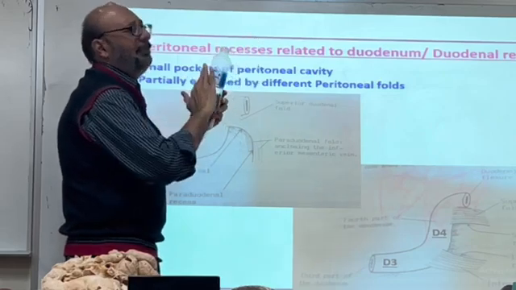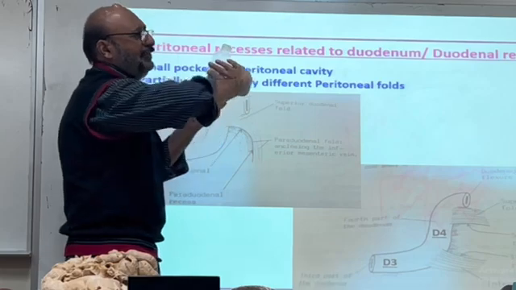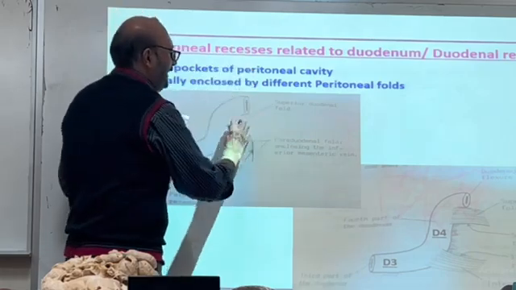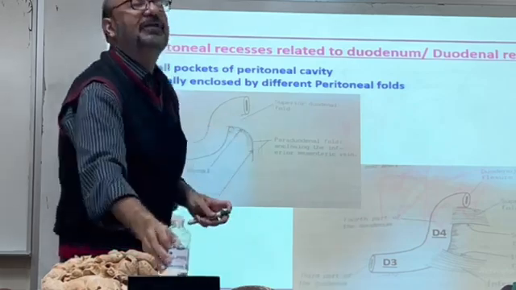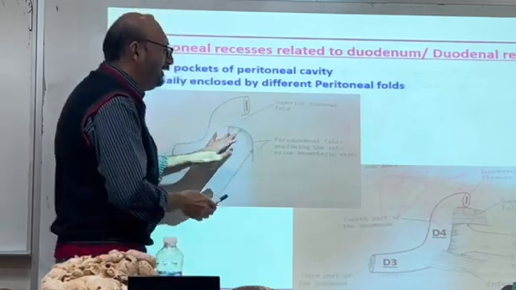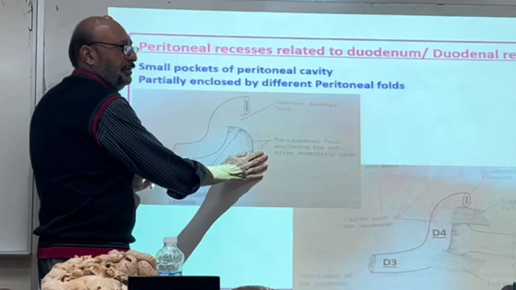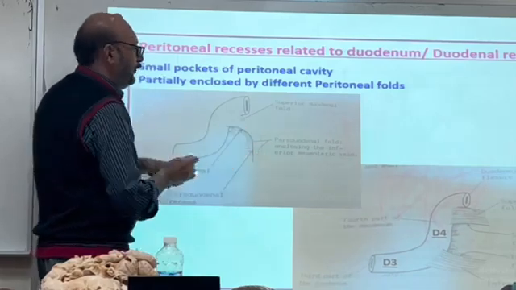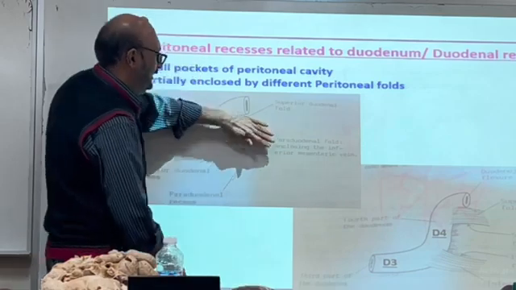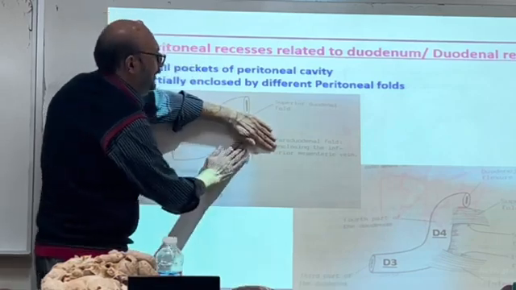Some parts are attached like these folds to the posterior abdominal wall or some other structures. When they are attached like this, we have some potential space below them. So here is the attachment and here is a potential space.